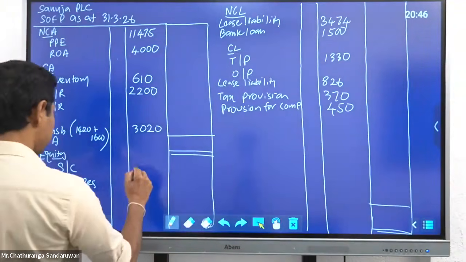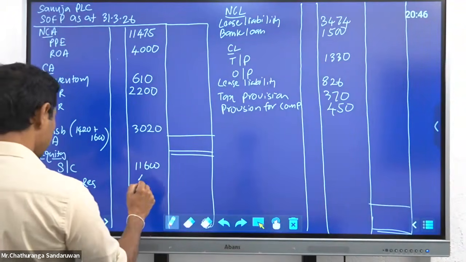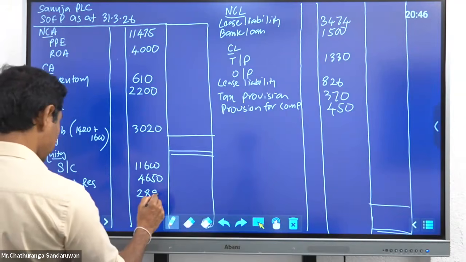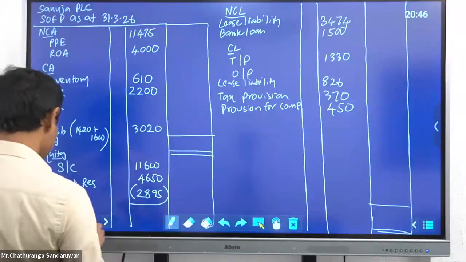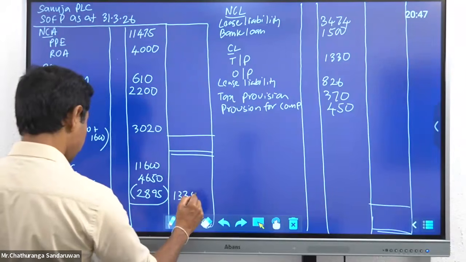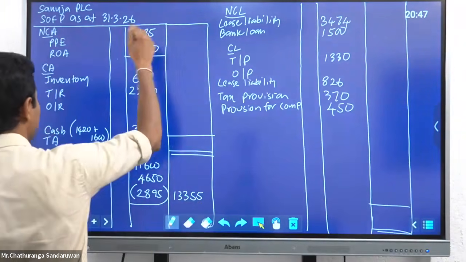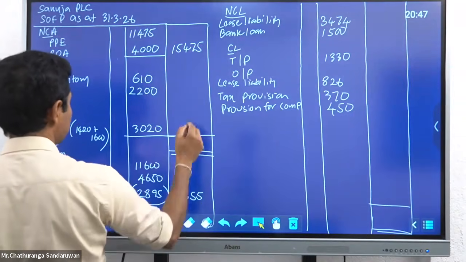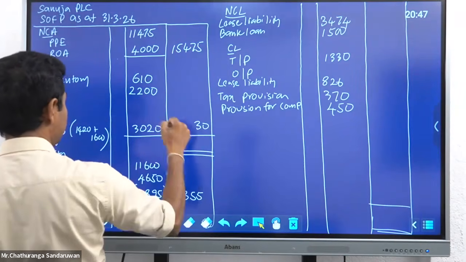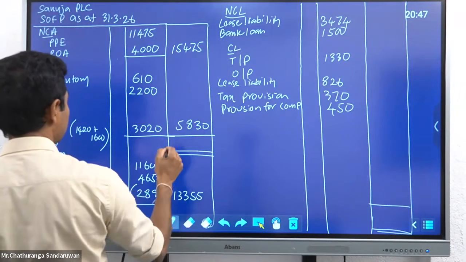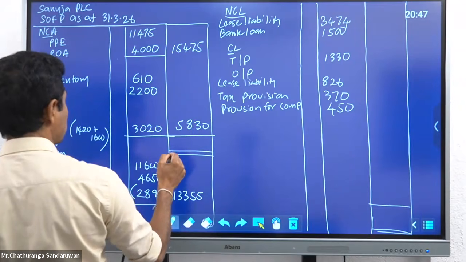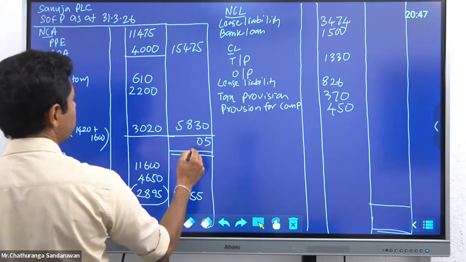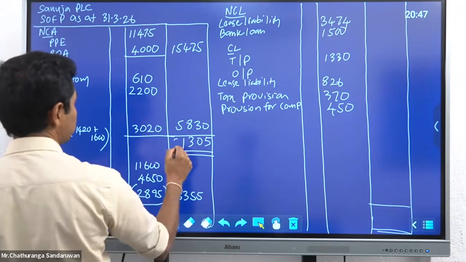Extended capital 11,600. Revaluation reserve 4,650. Here 2,895 loss. So summation is 13,355. Total non-current asset 15,475. Total current asset 38,5. Yeah. Therefore, total asset 5,0,13,11,2.